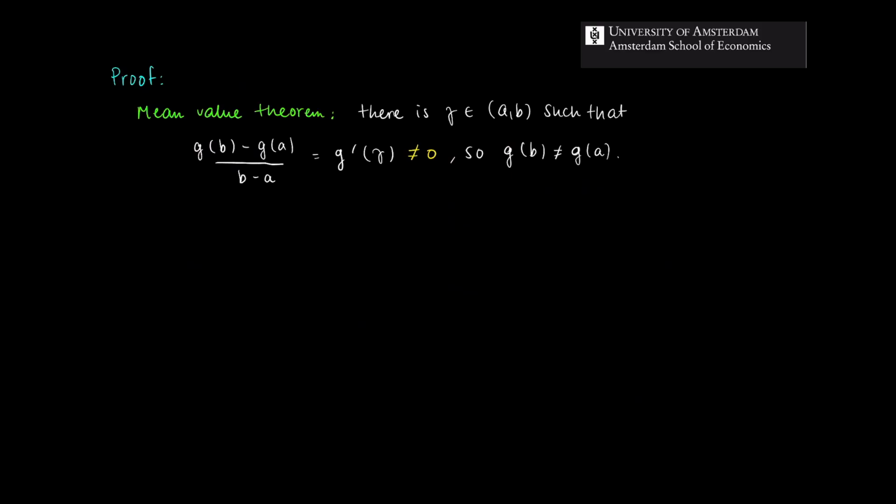Now we define a help function, which is constructed like this. It's just a linear combination of the functions f and g in a very specific way.